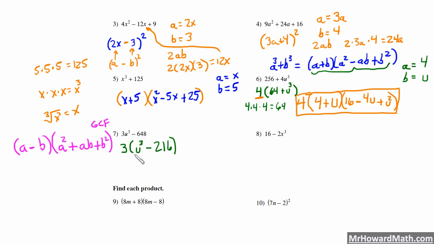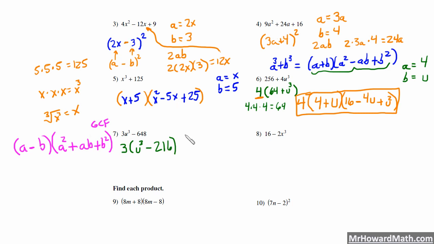Okay, so this term has a perfect cube root. Let's see if 216 has a perfect cube root. Let's try 6 times 6 times 6 is 216. There we go. So the cube root of 216 is 6.